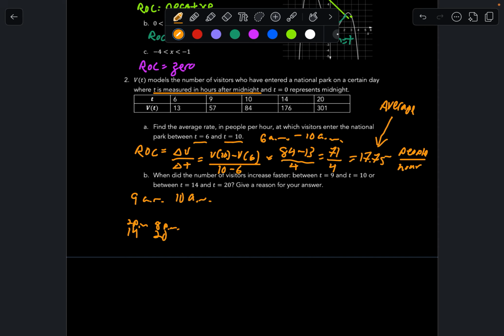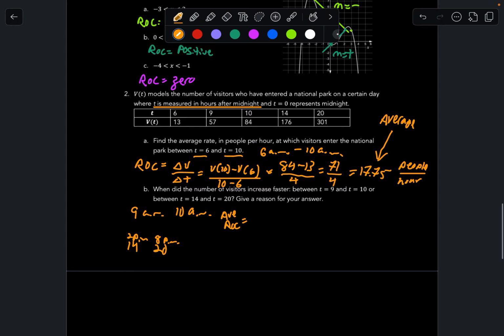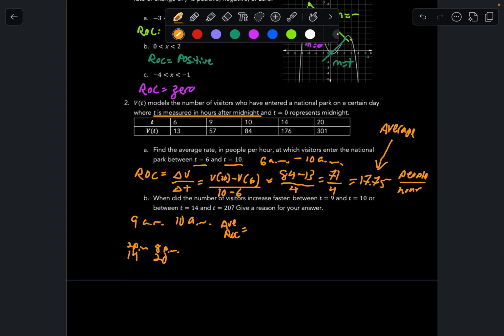To do that, we find the average rate of change. The average ROC would be the change in V, so V of 10 minus V of 9 over 10 minus 9.